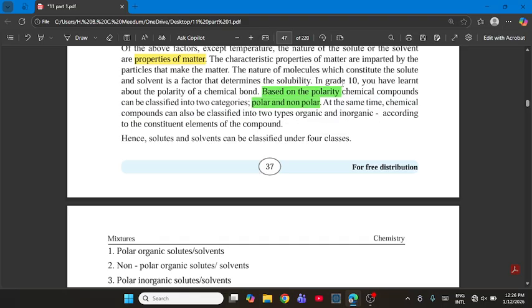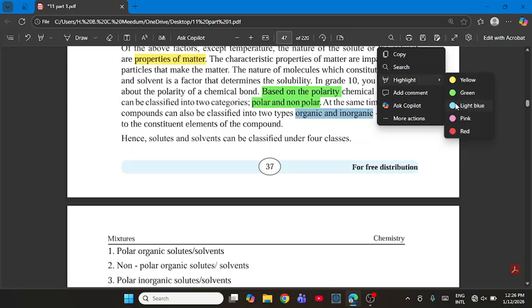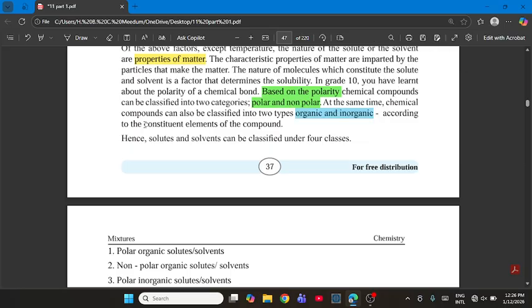And organic and inorganic, based on what? According to the constituent element of the compound. If it has carbon in it, we normally call it organic.